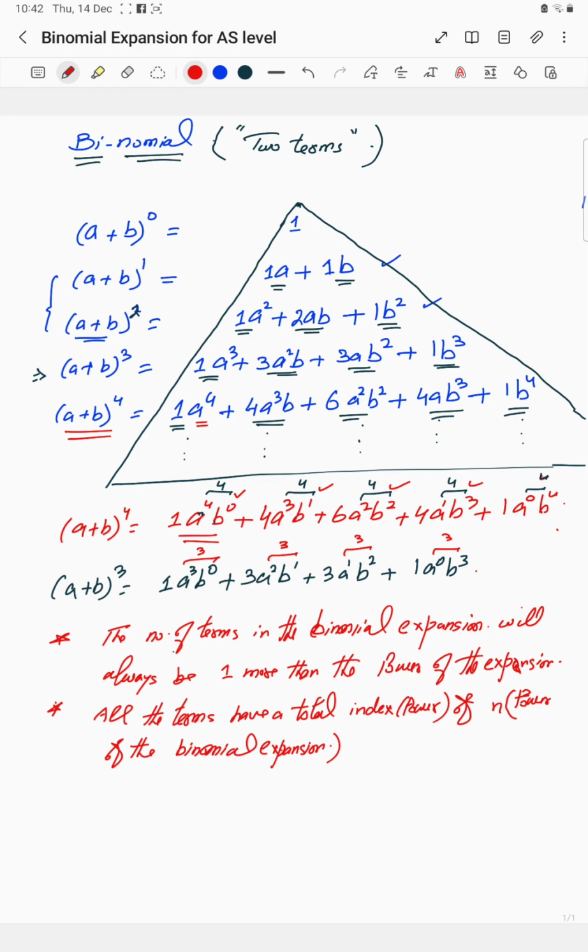Now furthermore, the final thing that is important to know is about the coefficients, where we put any of 1, 2, 3; sometimes we put 3, sometimes 4, sometimes 6. These are called the coefficients, the numbers beside the variables a and b.